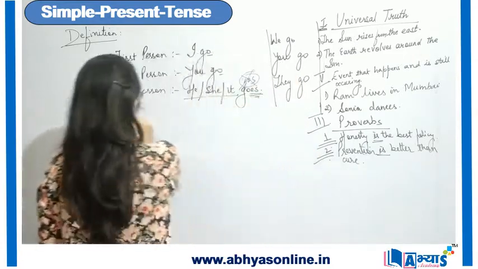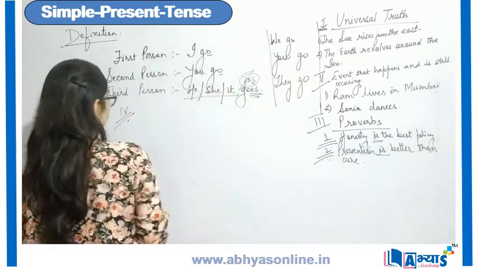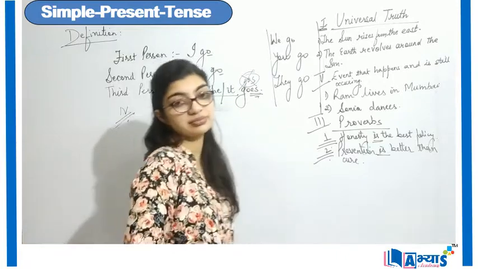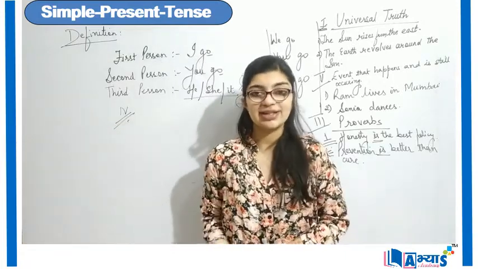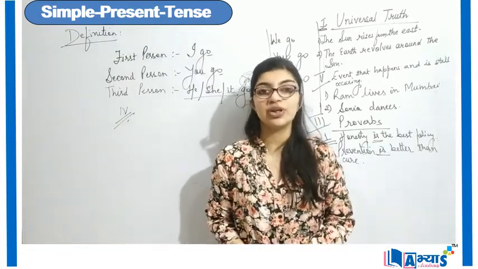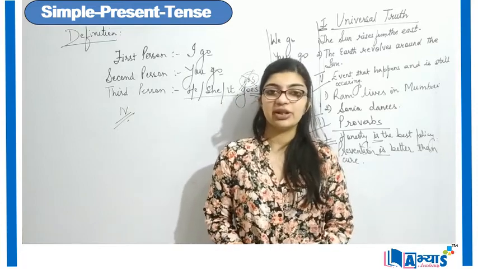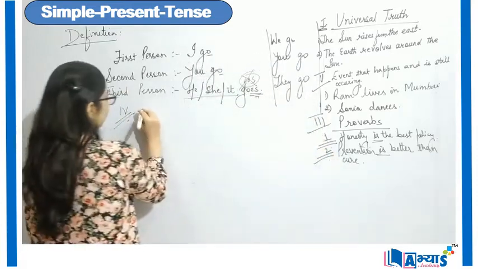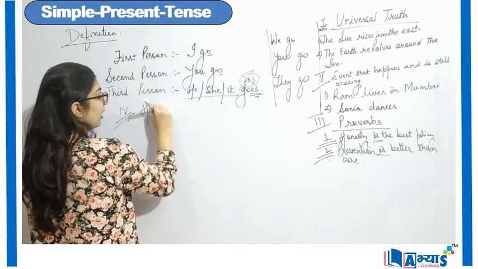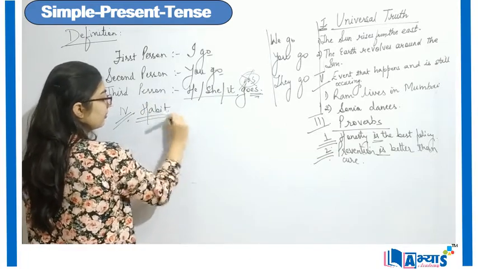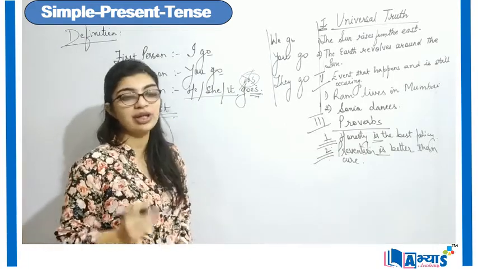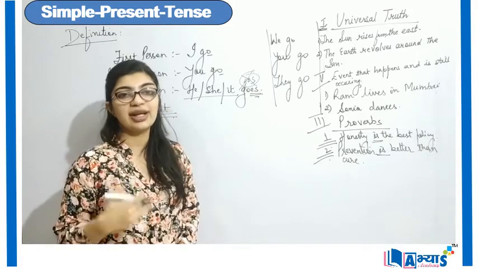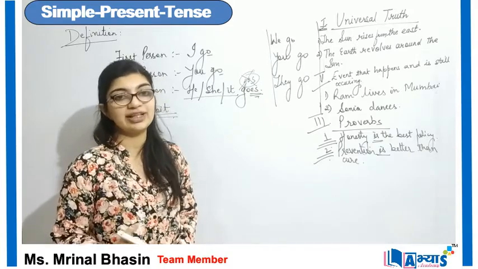And the fourth type of sentence in which simple present can be used is when something is occurring as a habit. When a person has a habit of something, or when an event is occurring in a habitual form daily, right?